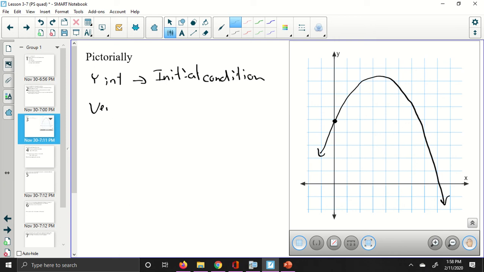A vertex, usually, and here's our vertex for this one. So there's my y-intercept. And here is my vertex, some sort of maximum or minimum value. And then here is the x-intercept.